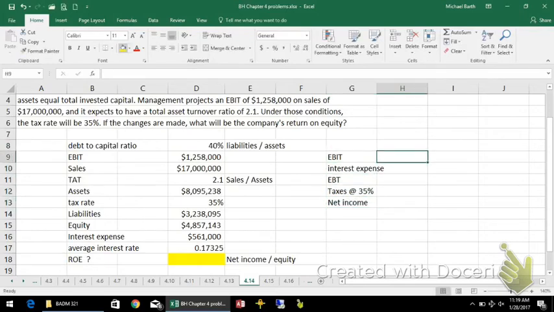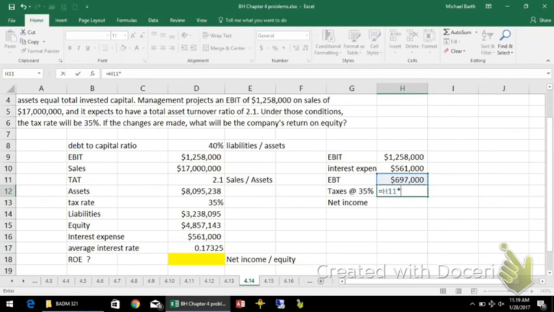All right, so I'm told that the EBIT is $1,258,000, and I'm told that the interest expense is $561,000. That'll give me taxable income of $697,000. 35% of that goes as taxes, so the other 65% must be the net income.